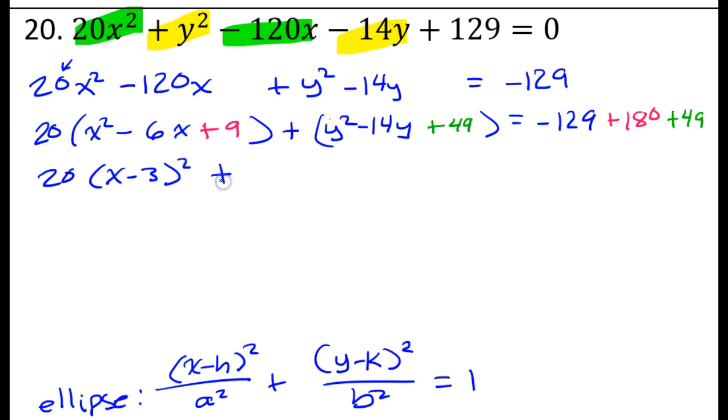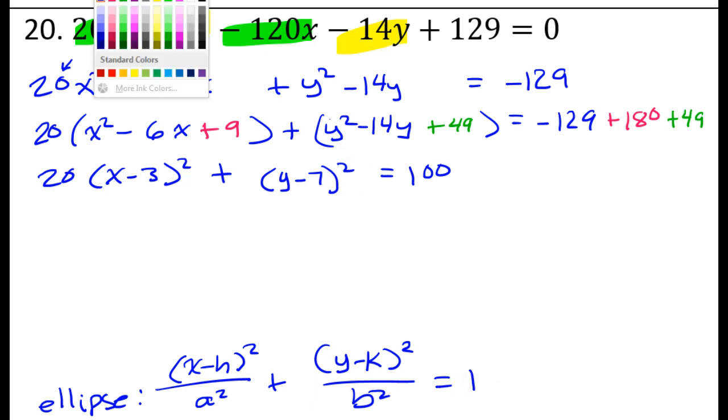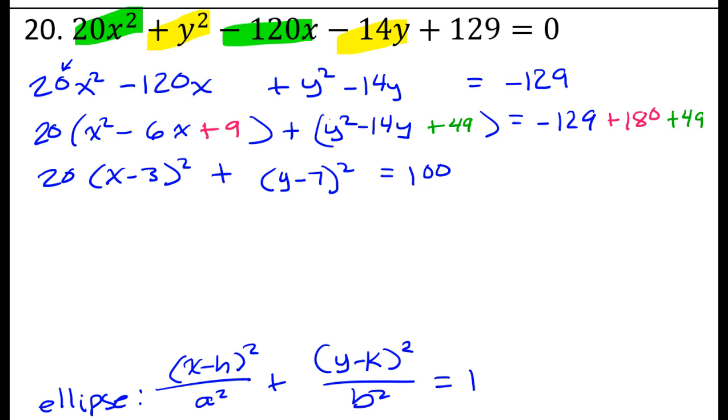This one will factor as y minus 7 squared. Let me add these up. That's 100. Great. So as I said before, we need a 1 right here. That's why I need to divide everything by 100.